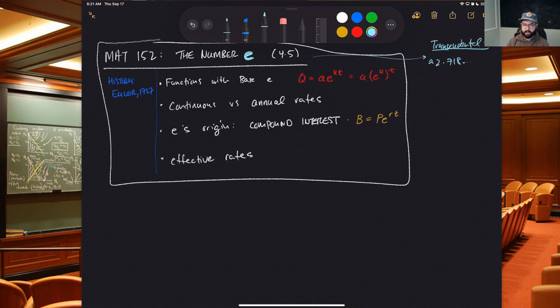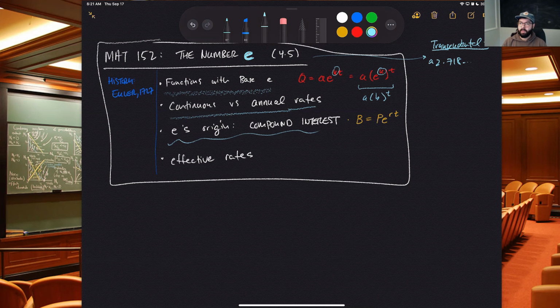And we'll look at that. So we'll look at a few examples of what functions with a base of e look like. What this k means here, you might see the connection to that ab to the t already here. Continuous versus annual rates of growth. How do these things compare? And then we'll look at e's origin.